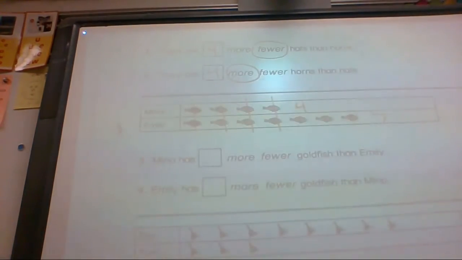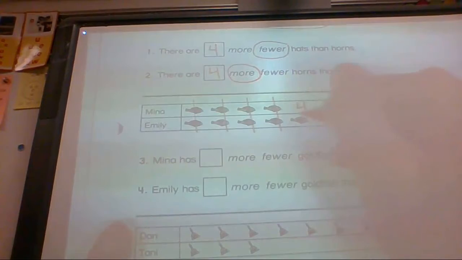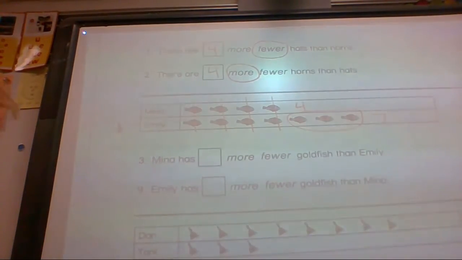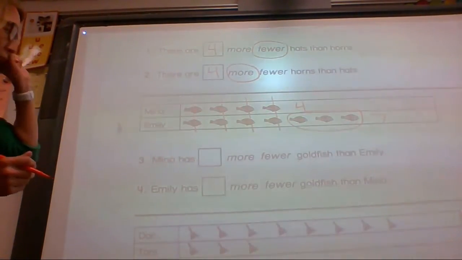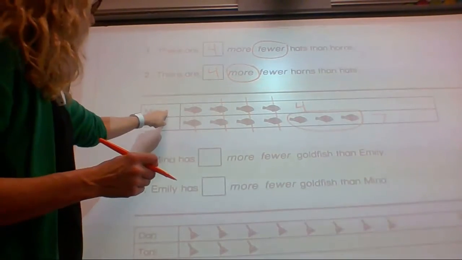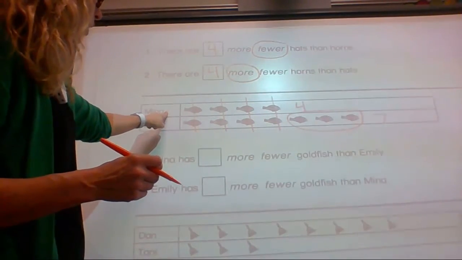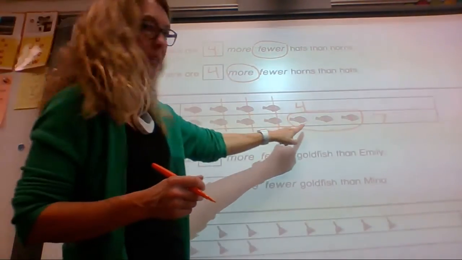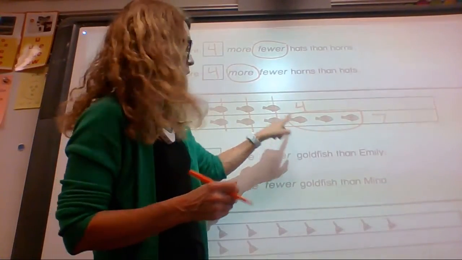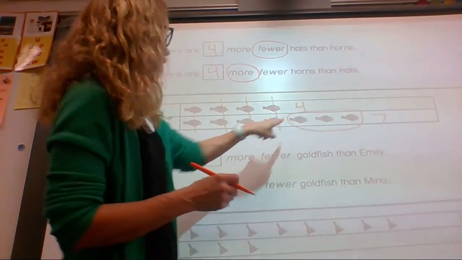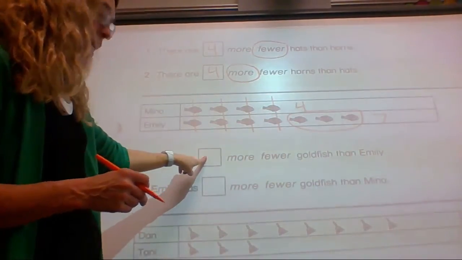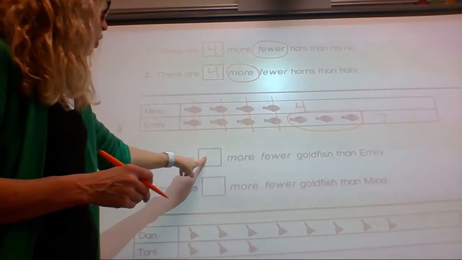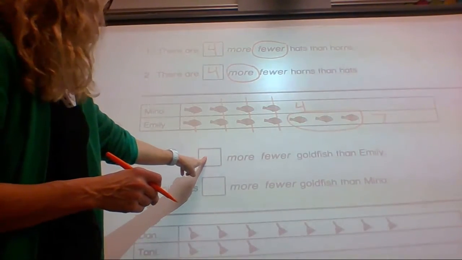Okay, and then we have this many left over, which is 1, 2, 3. Okay, so Mina has, we have to pick the number that's left over, regardless of who we're talking about here. So Mina has 3.